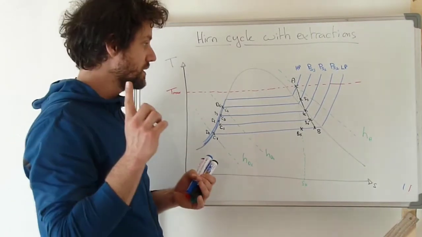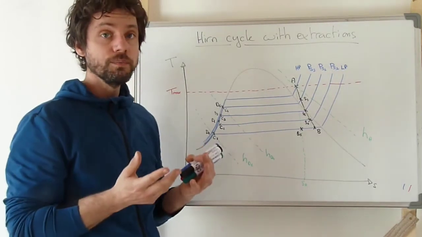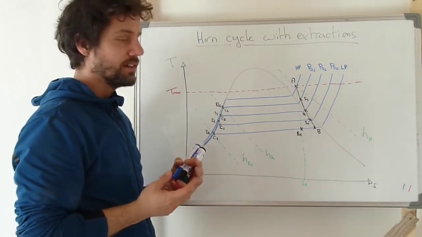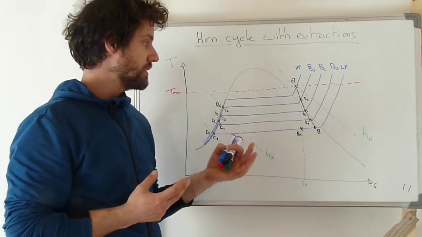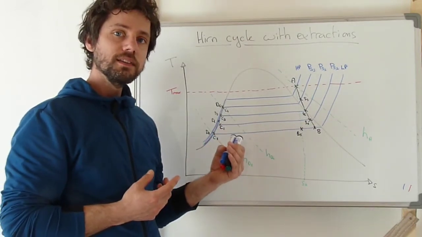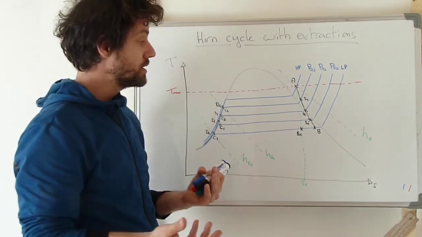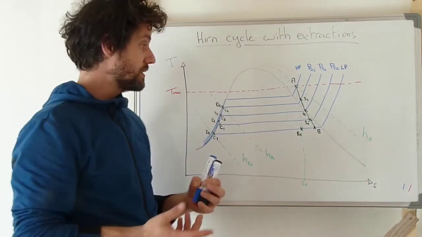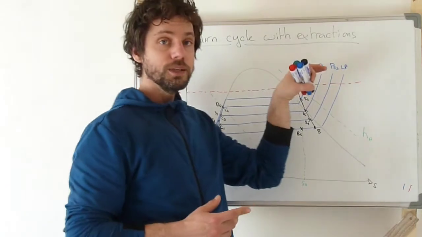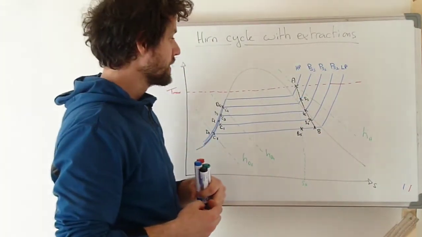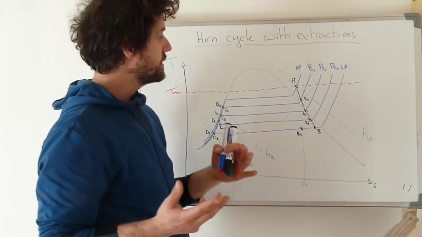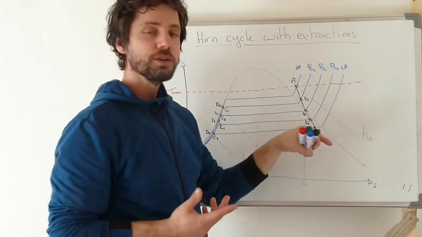But that's not all, because in fact there's also a side effect. It's also decreasing the amount of technical work that is recovered from the expansion, and this is due to the fact that not all the fluid will be expanded from the high pressure to the low pressure.